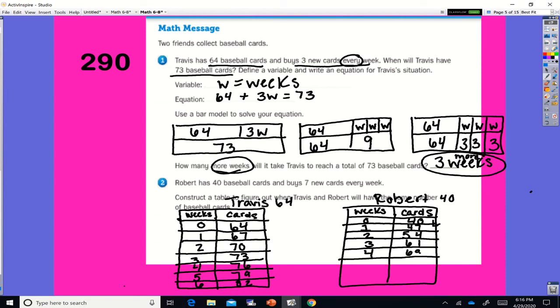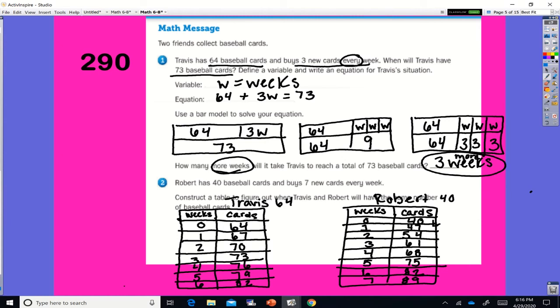I get to 68. Week 5, I add 7 more. That gets me to 75. Week 6, I add 7 more. That gets me to 82. Week 7, I add 7 more. That gets me to 89.